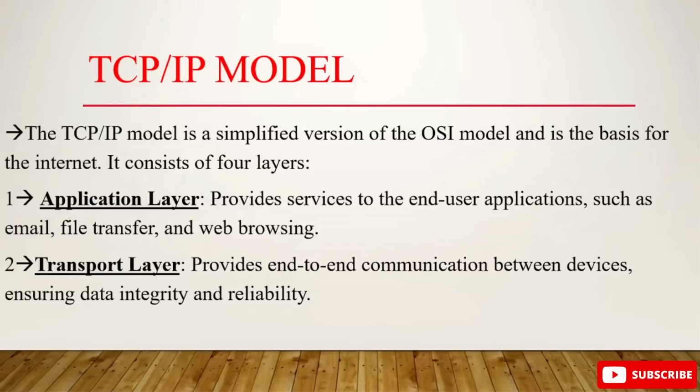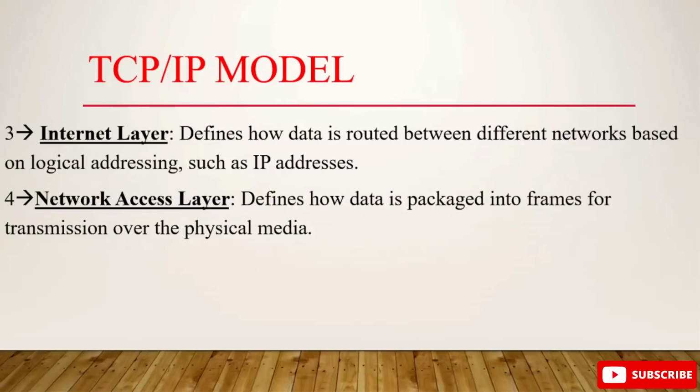Next is the transport layer, which provides end-to-end communication between devices, ensuring data integrity and reliability. Next is the internet layer, which defines how data is routed between different networks based on logical addressing such as IP addresses. Fourth is the network access layer, which defines how data is packaged into frames for transmission over the physical media.